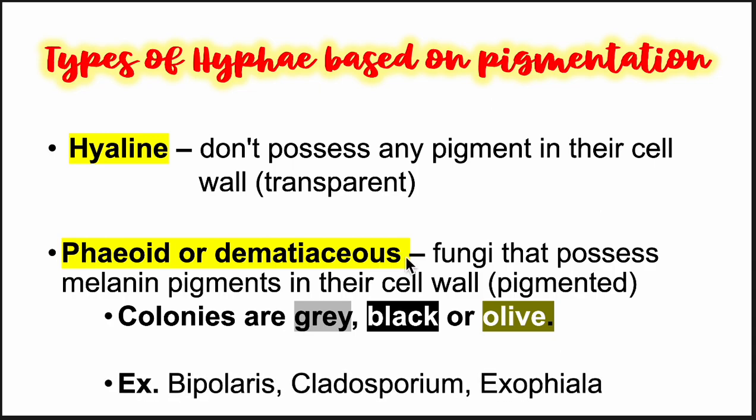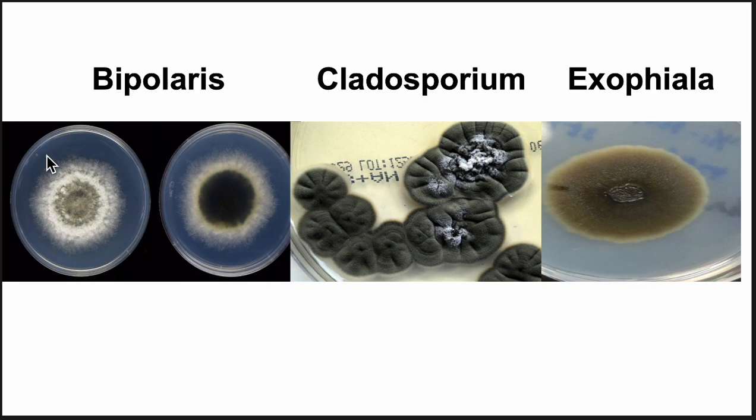Examples of phaeoid or dematiaceous hyphae are Bipolaris, Cladosporium, and Exophiala. This is the colony of Bipolaris, this one the Cladosporium, and here the Exophiala. Consider also their colors, so they are pigmented.